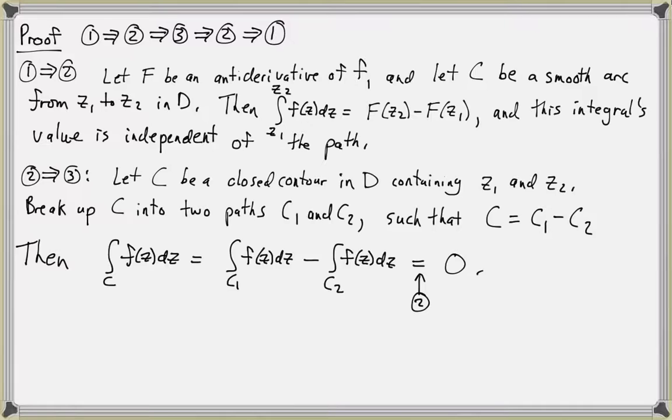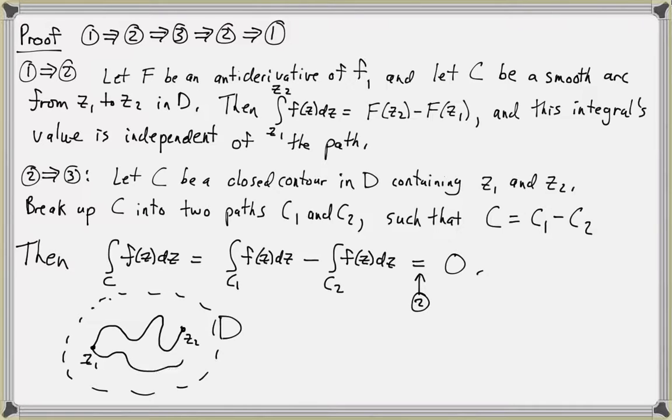You see, when we had some contour over some domain D, and we have a point z1 and a point z2 in this domain, and you have any closed contour that contains those 2 points. So you could have any closed contour starting and stopping at these 2 points.